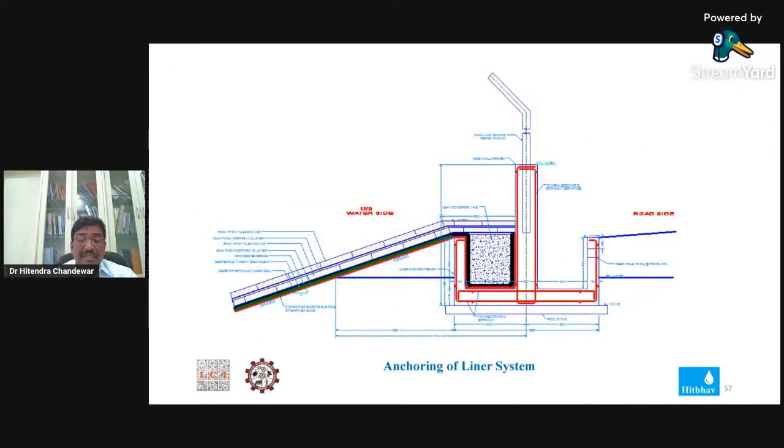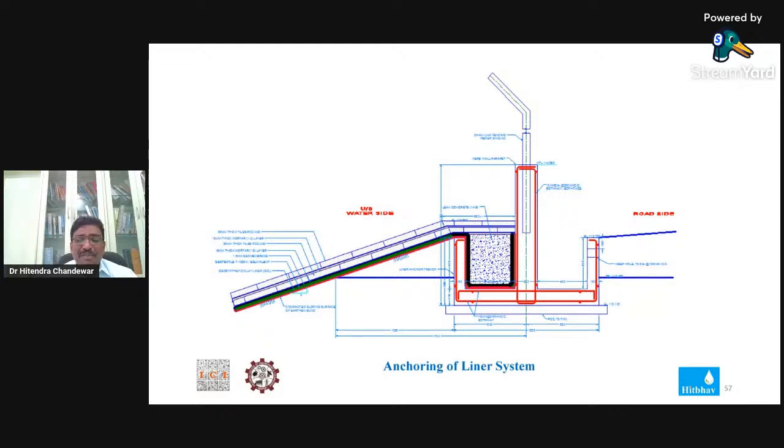Another aspect for the liner is that it should be well anchored at the top of the bund. Otherwise, the tendency of the liner is to slip down. In most cases, people come from all over India because liners are sliding down. When the Ispat plant came to me, they said that within a year their lining system collapsed.